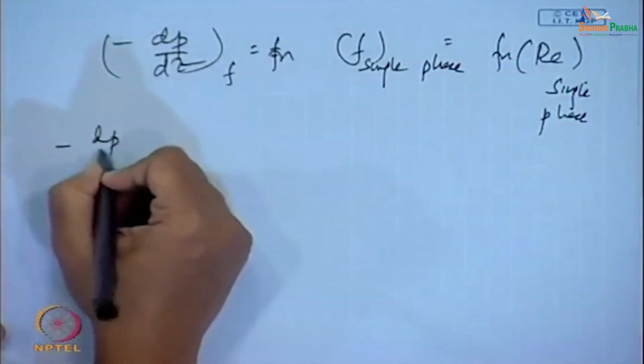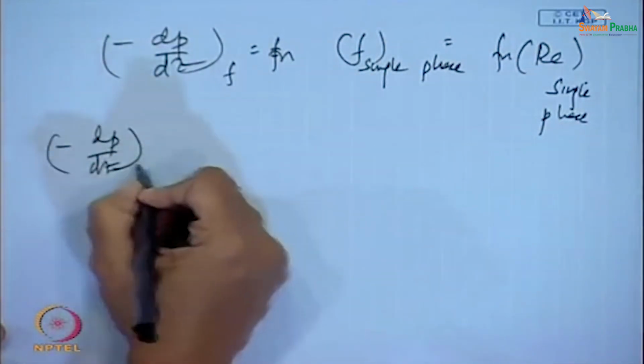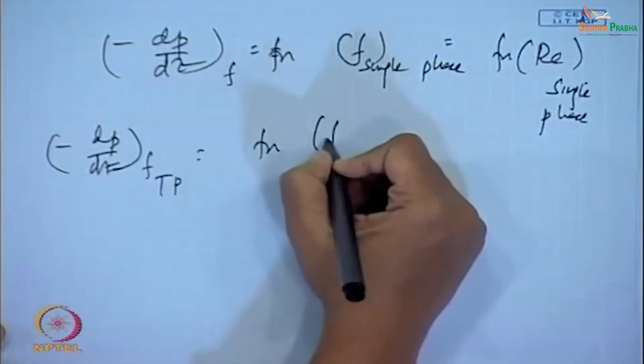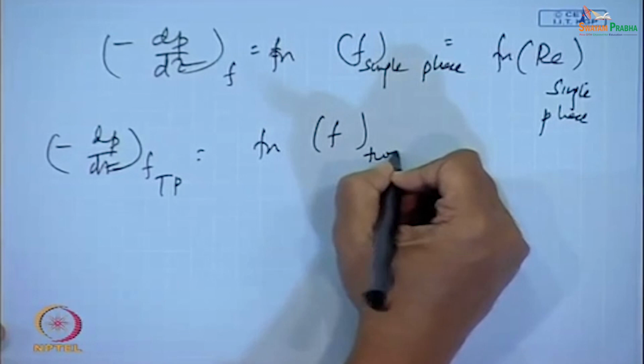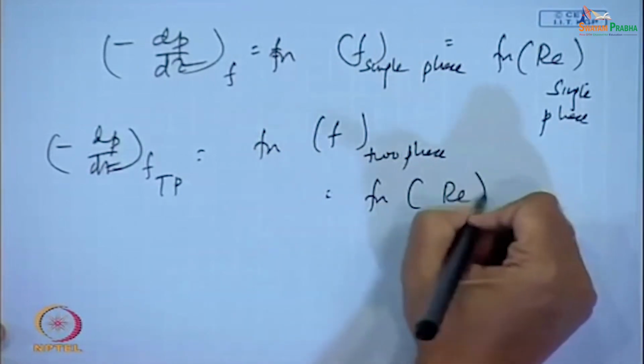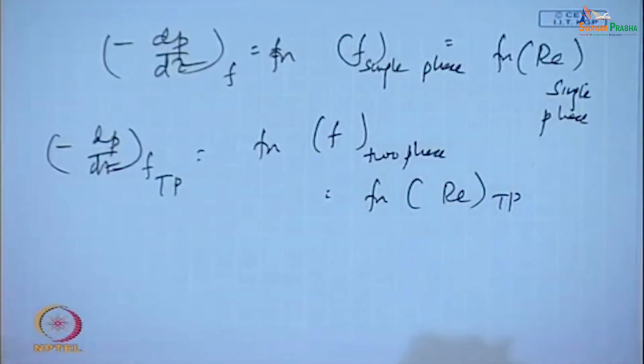Now, for two phase flow situations, just remember, this will be a function of friction factor two phase, which is a function of Reynolds number two phase. Agreed?